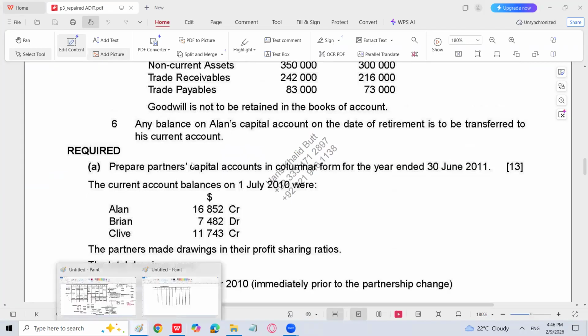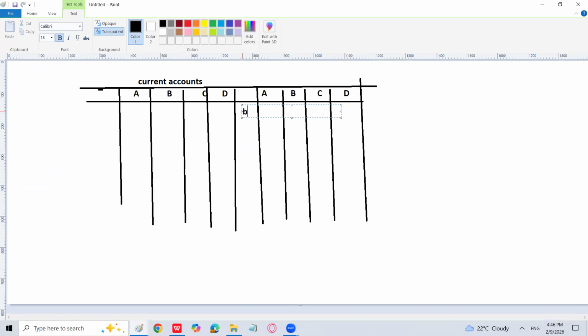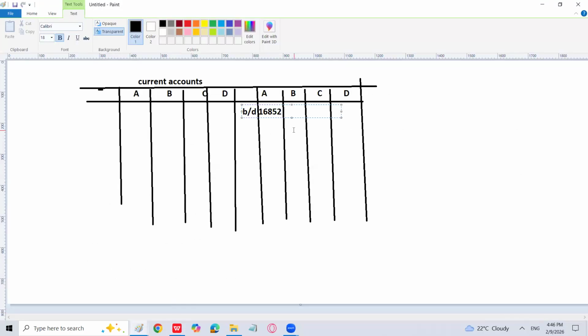So balance of the current account given in the question is 16852. For Allen it is credit 16852. So I will write here for Allen it is credit 16852. Then for Brain, 7482, it is also credit 7482. If I am not wrong, let me see.